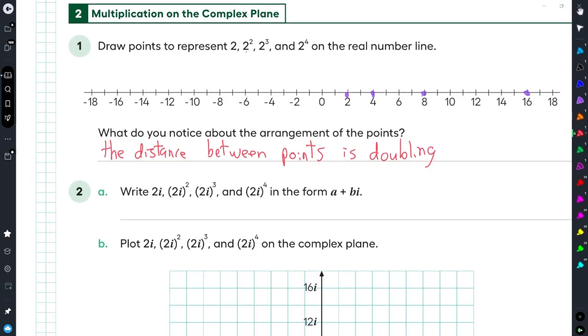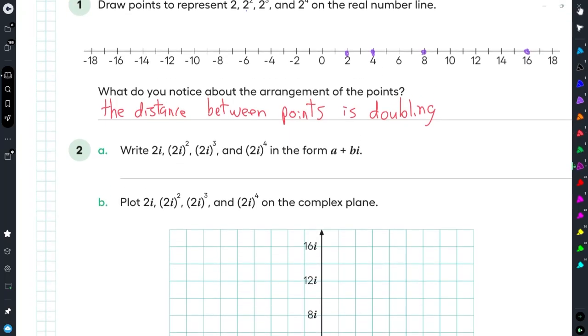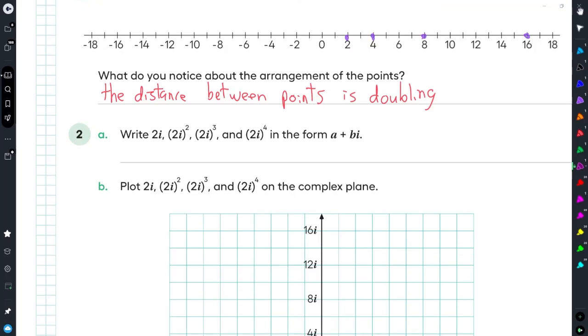Now let's look at, instead of 2, 2i. So we have 2i, 2i to the second power, 2i to the third power, 2i to the fourth power. We're going to write it in the form a plus bi. 2 times i is just 2i.